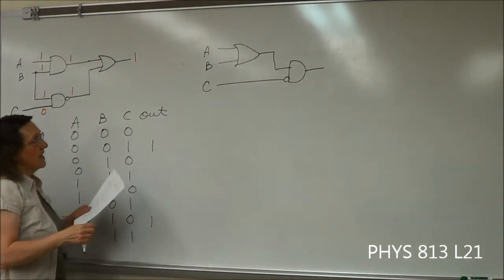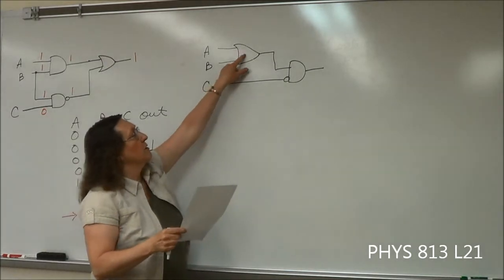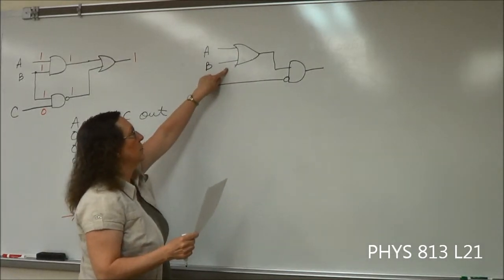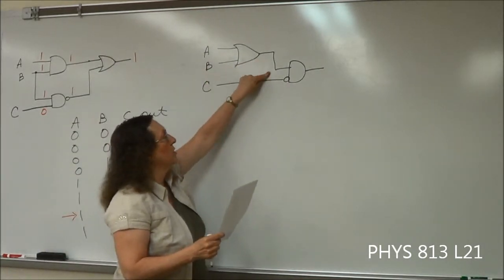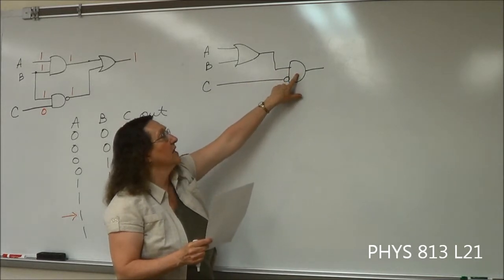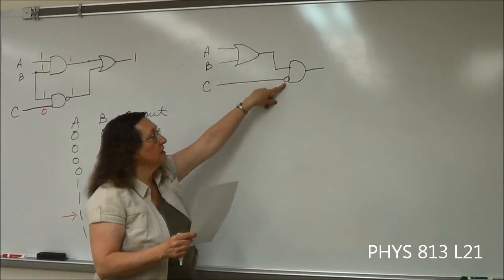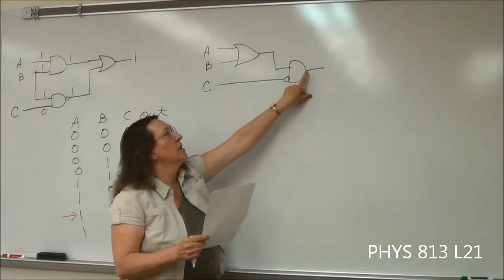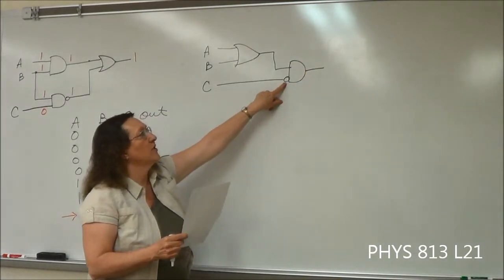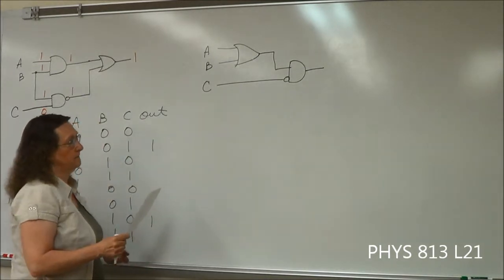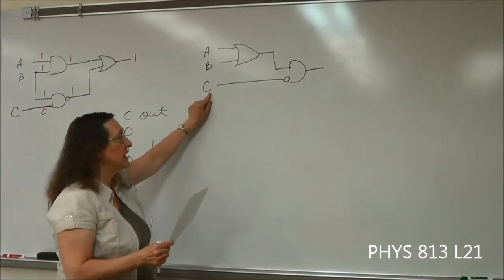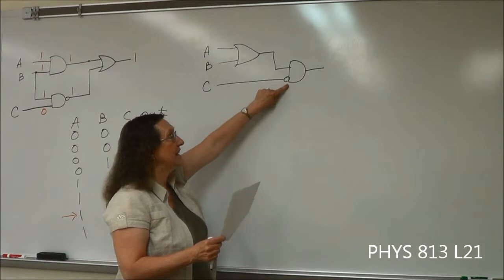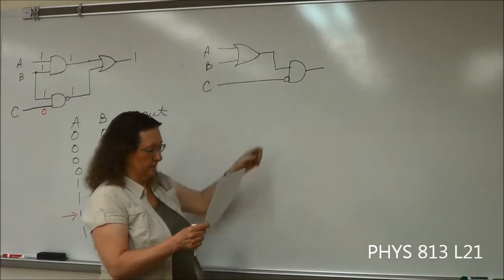Okay, you notice that the OR gate looks familiar, A and B, it has two inputs, it has one output, this comes down here to an AND gate, but we have the little circle in front instead of after the AND. So the circle means not. So whatever C is, then whatever gets here is not that.